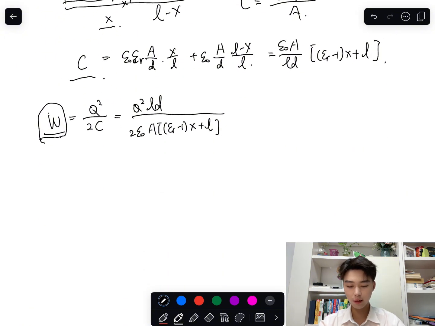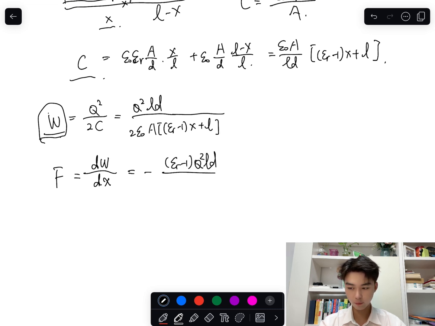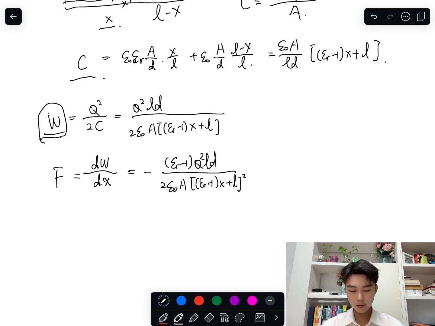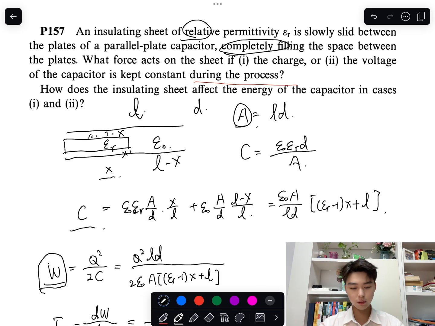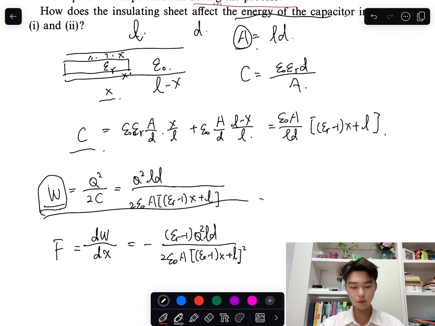So F would be the derivative of W. To calculate that, we will get this, to epsilon 0 A. So now we have calculated that, and this is the force.